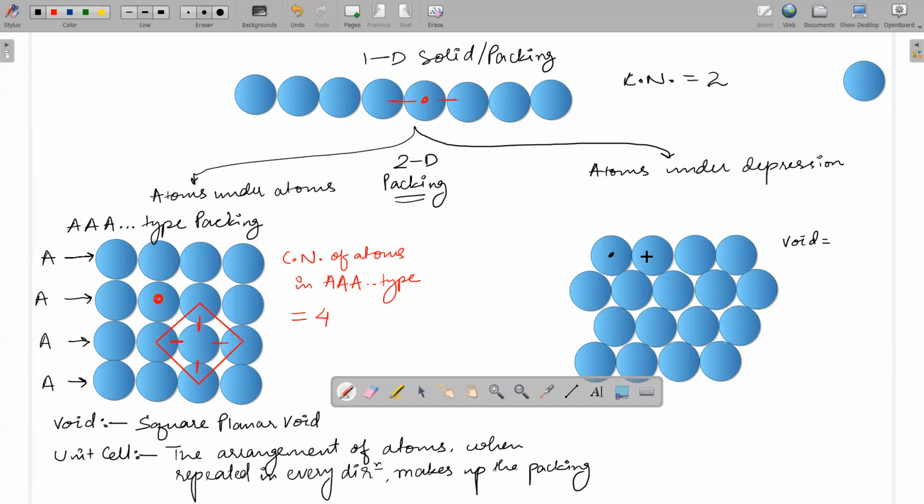Then whatever you see here, yeah, correct, Mariam. Triangular void now. Can you see now? Yeah, I can see now. Like on top, I can see. Correct. You can see triangular voids. The void is a triangular void.